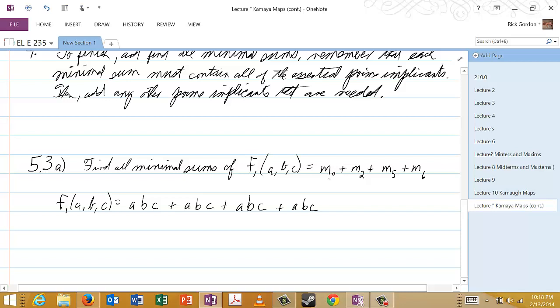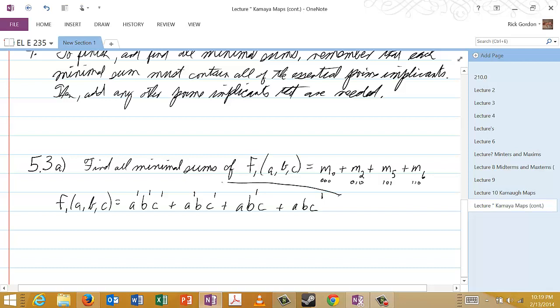Now m0, well, remember 0 is 0, 0, 0, 2 is 0, 1, 0, 5 is 1, 0, 1, and 6 is 1, 1, 0. And therefore, this first term corresponding to the 0, 0, 0 min term is a prime, b prime, c prime. For the next one, we have a prime, b, c prime. For the next one, a, b prime, c. And finally a, b, c prime.